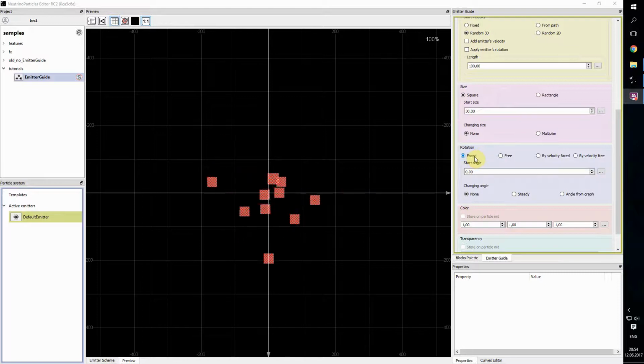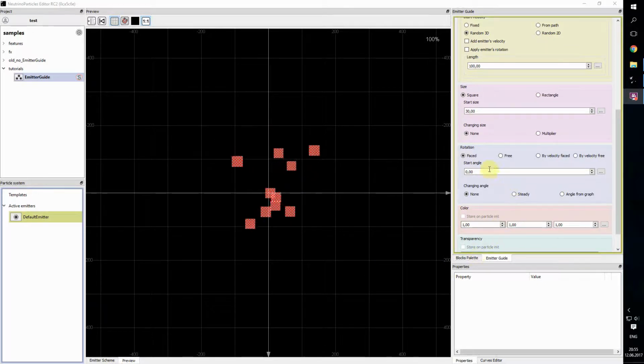Phased rotation means all particles look to the camera. So rotation of particles in this space is defined by the angle in degrees of rotation around the z axis of the camera.